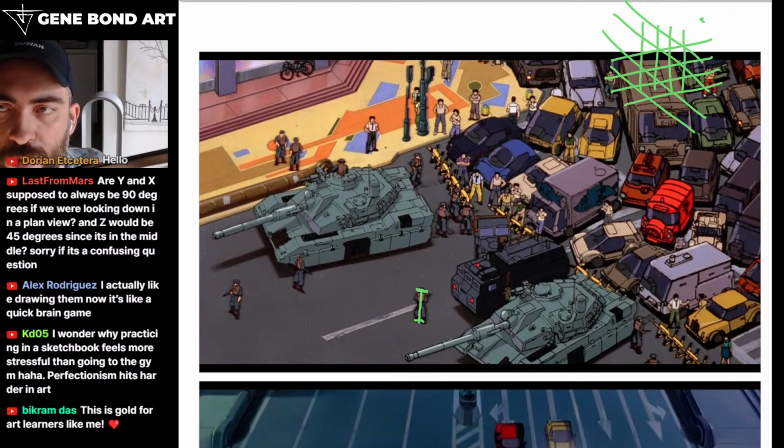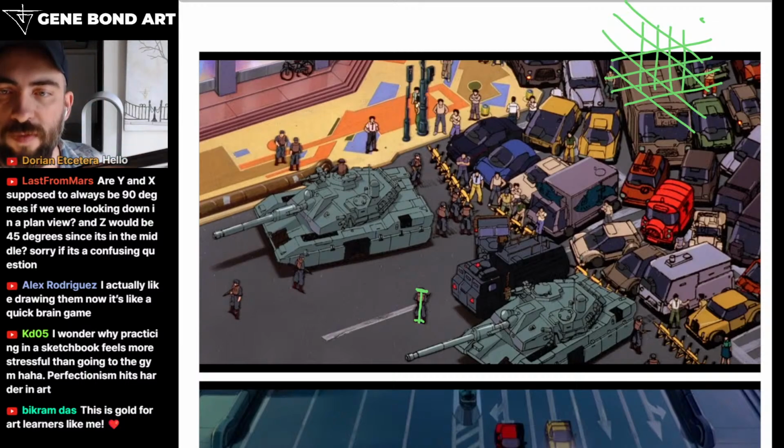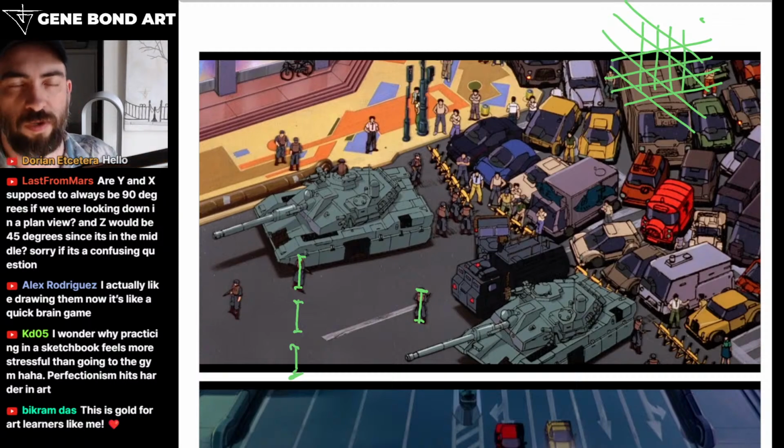And because it's isometry, right? Vertical lines do not converge. So it means this ratio will not change if I draw it underground, for example. It will always be the same because it's kind of a long lens isometry here.